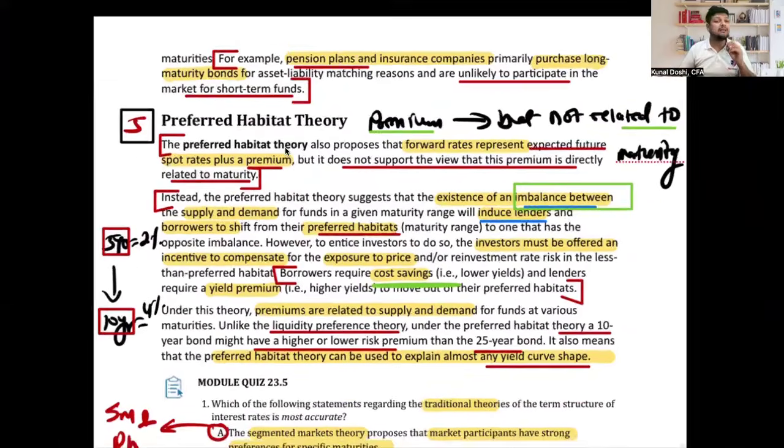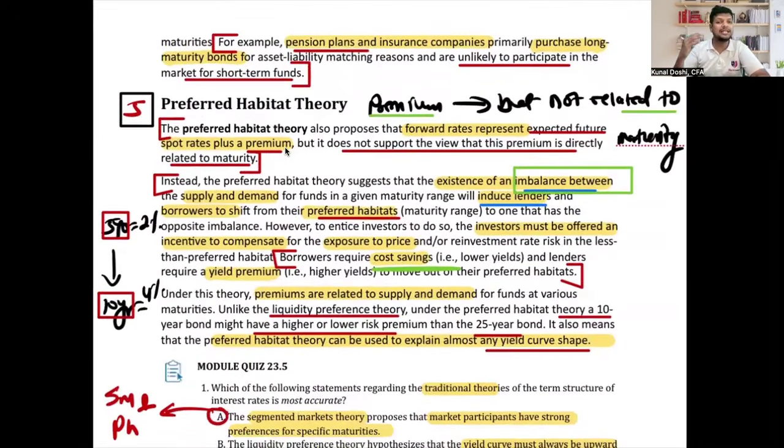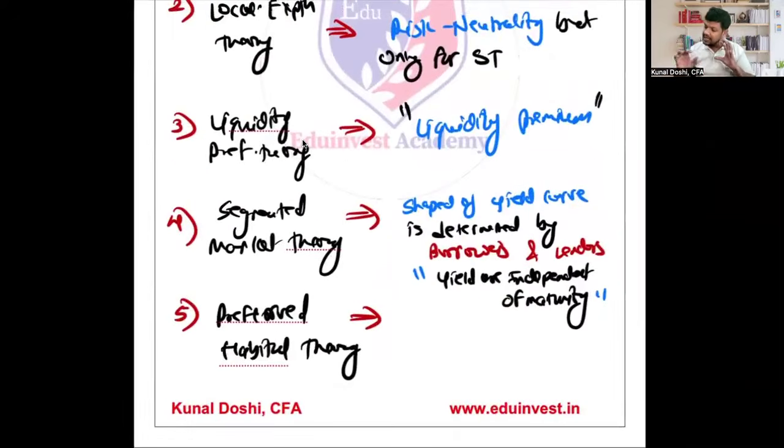The segmented market theory assumes that the yields are independent of the yields at other maturity. So here, what is the important thing? Yields are independent of maturity. So what happens is that a 5-year yield and a 6-year yield are completely independent. That is what we learned in the segmented market theory.